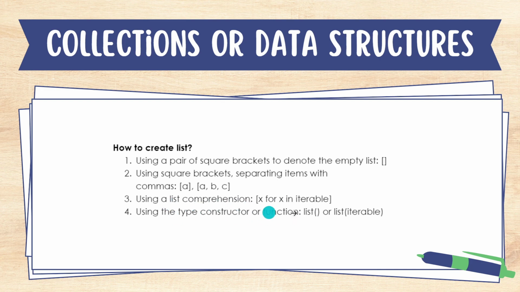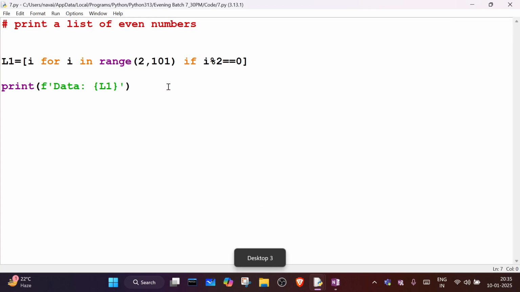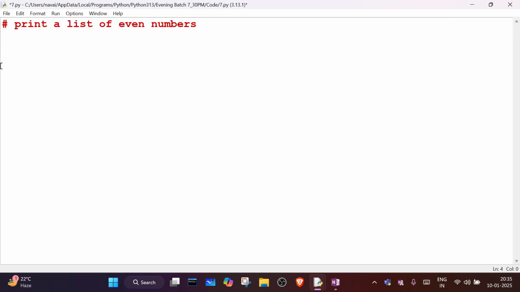And the third one is we can use the list function. For example, I have to create a list of a, b, c, d. How can I create it? I will write a, then b, then c, and I have to complete till z.